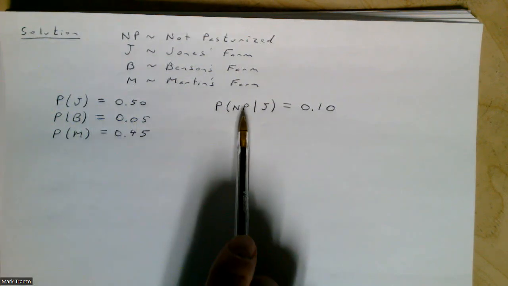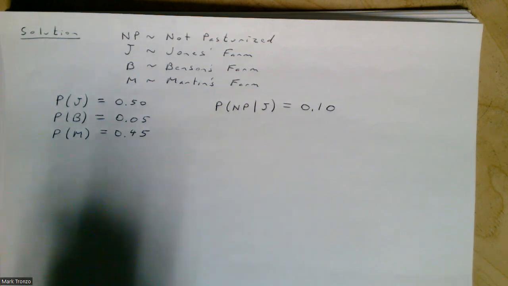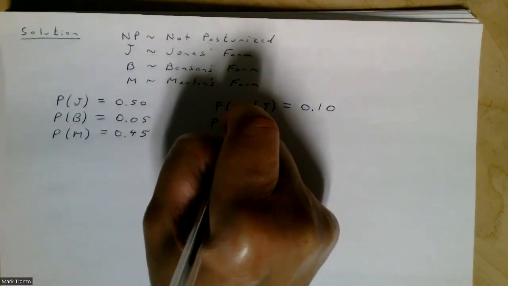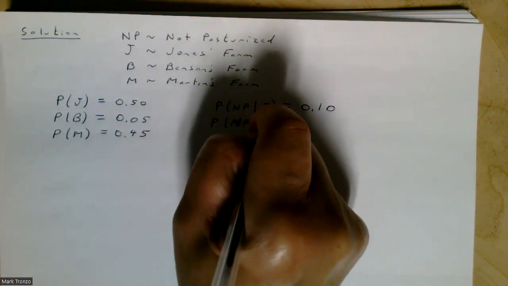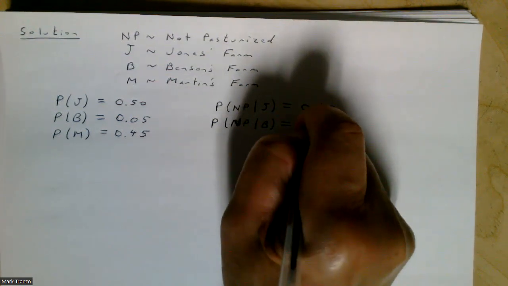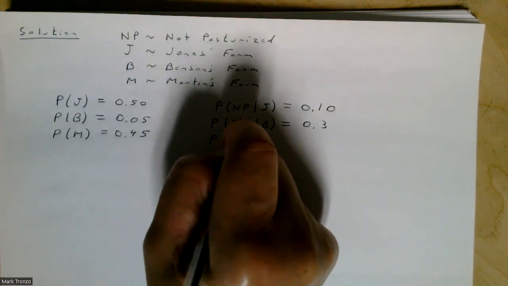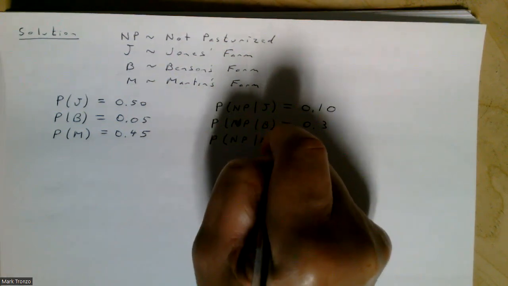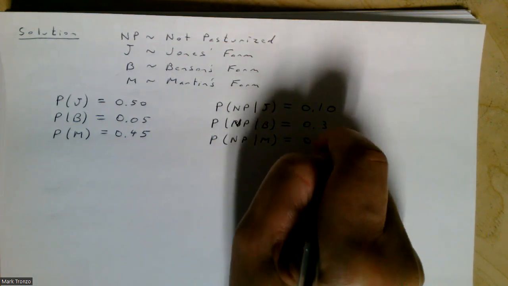I put Jones over here, probability not pasteurized, came from Jones here. It's sort of helpful to organize that way. Same thing, the next one would be probability that it's not pasteurized, given it came from Benson's farm. We're told that's 30% or 0.3. Finally, the probability that it's not pasteurized, given that it came from Martin's farm, is going to be 0.15.